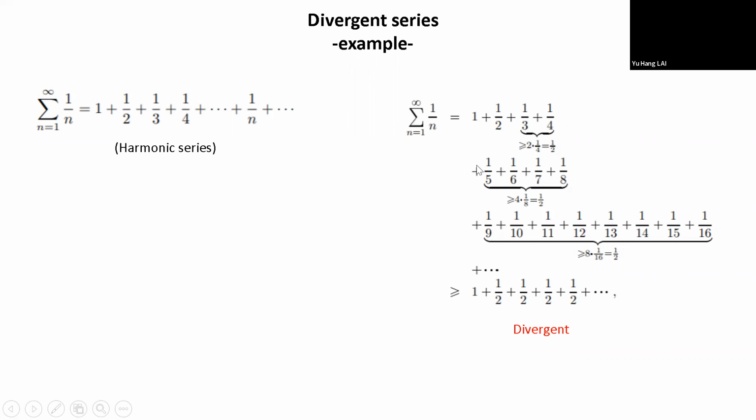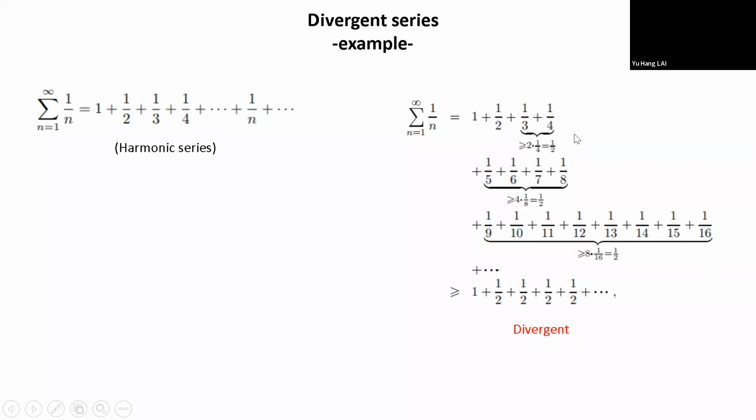Here I'm going to group the third and the fourth term as just one term. The third and the fourth term added together have to be greater than 1/4 plus 1/4, so that is greater than 1/2.